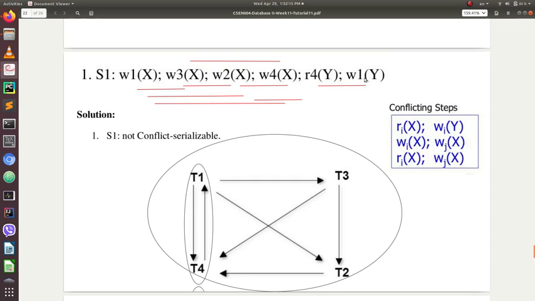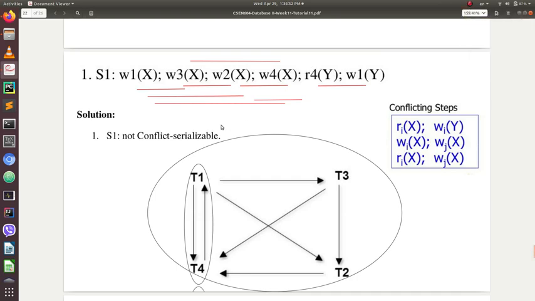I have only a write operation on the same variable y. Okay, so this is type 3. So transaction 4 must come before transaction 1, so I have to draw an edge going from transaction 4 to transaction 1.